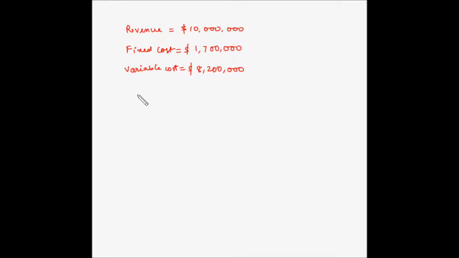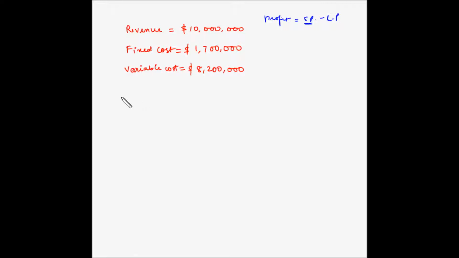So the budgeted operating income is nothing but your profits. And we know that profit is equal to your selling price minus cost price, right? So profit is equal to selling price minus cost price. In this case, the selling price is the total revenue because the total revenue is unit selling price multiplied by the number of units sold, and cost price is the addition of fixed cost plus the variable cost.